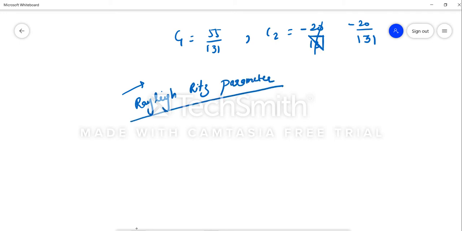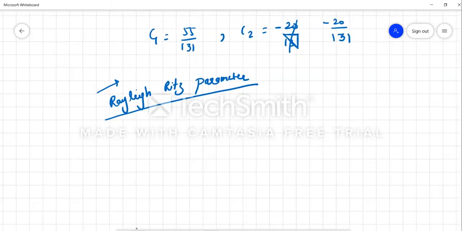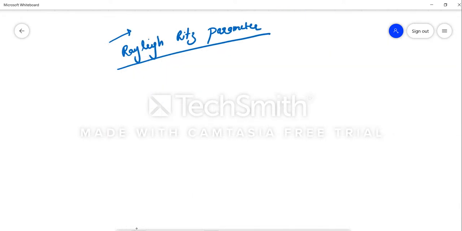If we want to calculate only the Rayleigh parameters, then this is the solution. If we want the solution of the equation, then it will look like phi naught plus C1 phi 1 plus C2 phi 2 for n equals 2. If we are taking two parameters, then this will be the equation.